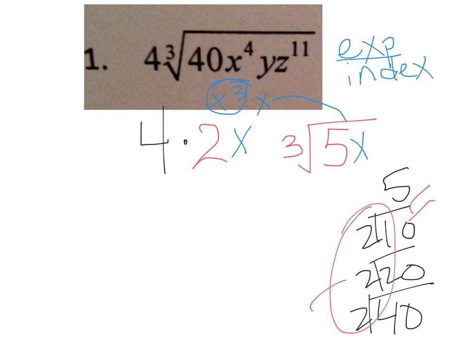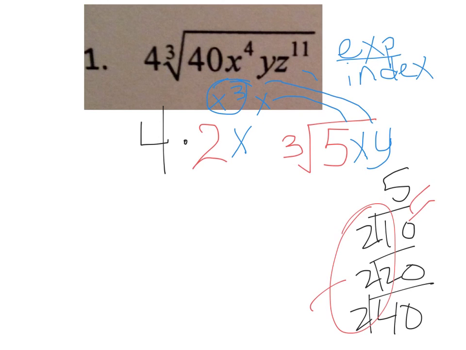For the y term, I just have one y, which isn't divisible by 3, and I cannot break it apart, so that will stay inside the cube root. For the z to the 11th, I would want to break that into the largest possible exponent value that I can divide by 3, which the next largest value after 11 that's divisible by 3 would be 9.